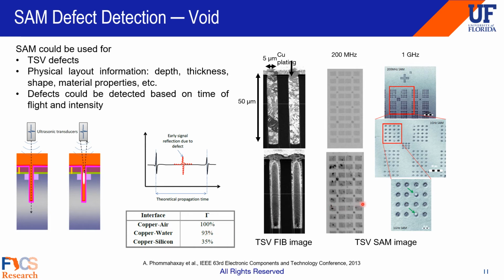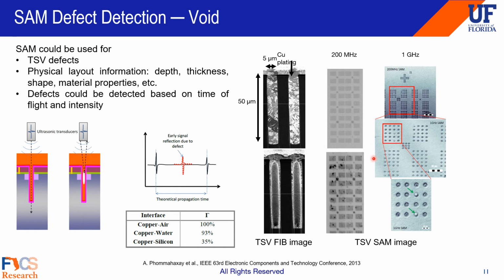The pictures on the right show the SAM image of the via with and without defect. You can see on the top here is the ideal case where we have a copper-filled via, and here we have a poorly filled via. You can see the SAM reflection intensity is different.